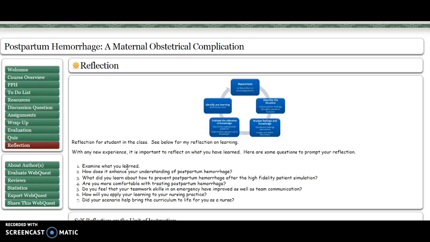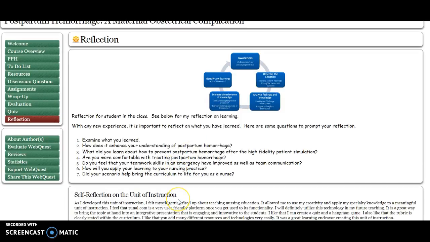A little education and some instruction, and they improve greatly. I'm sure that you will have the same experience as well. You ask, did your scenario help bring this curriculum to life for you as a nurse? So again, these are very good questions.